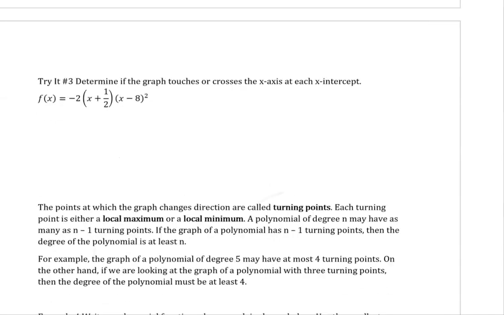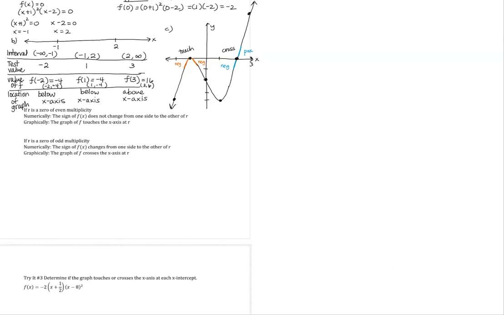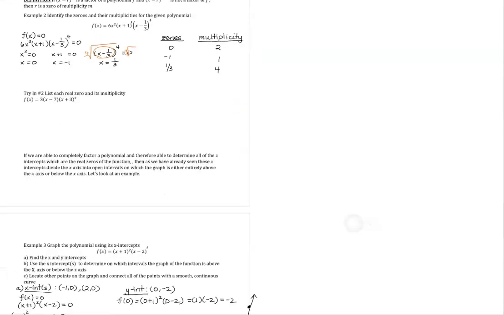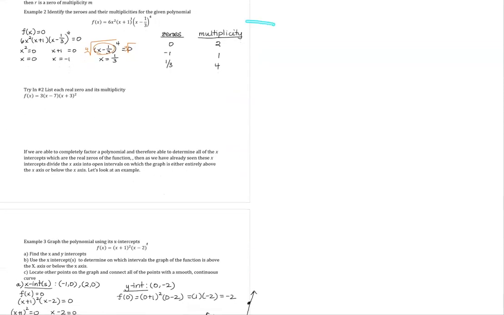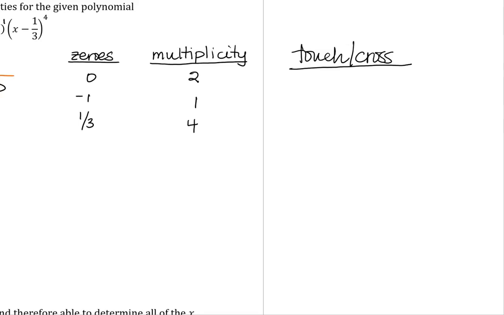To our next Try It, where you will be making a table kind of similar to this one, but you'll be adding in a third column where you're going to be telling me whether or not the graph is touching or crossing the x-axis. So for example, here I have an even multiplicity, which means that the graph would touch the x-axis at the point (0, 0).